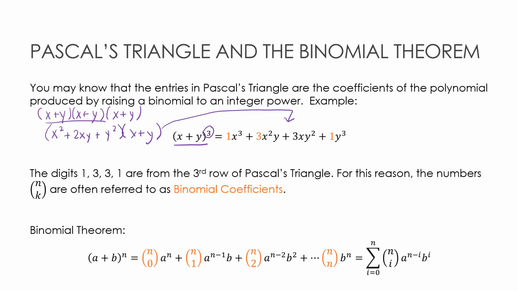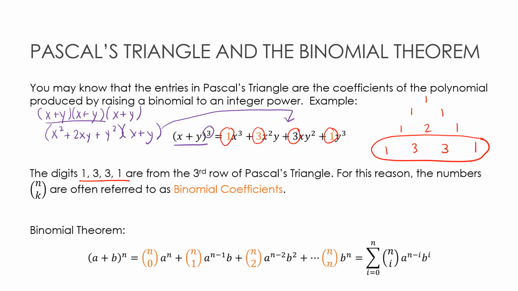Now, why do I care? Why is that important to me? Well, let's take a look at 1 and 3 and 3 and 1. Those digits, if you'll remember, are from the third row of Pascal's triangle. So remember I had 1, then I had 1 and 1, and then I had 1, 2, 1, and then I had 1, 3, 3, 1.